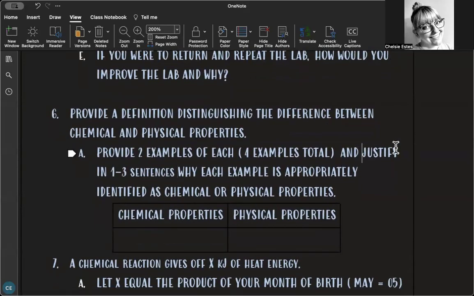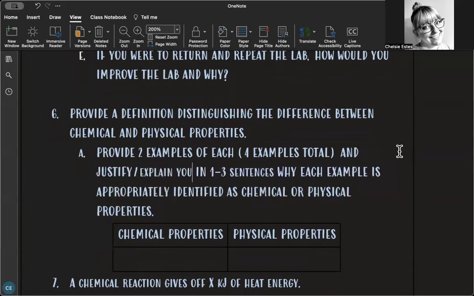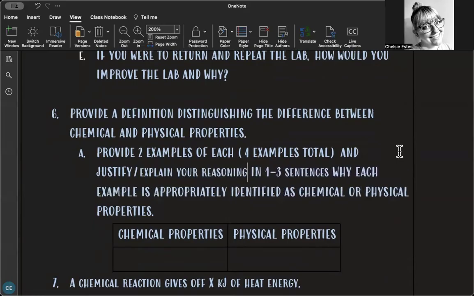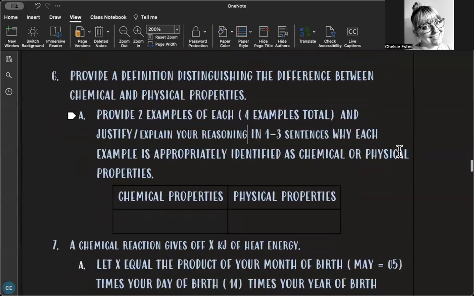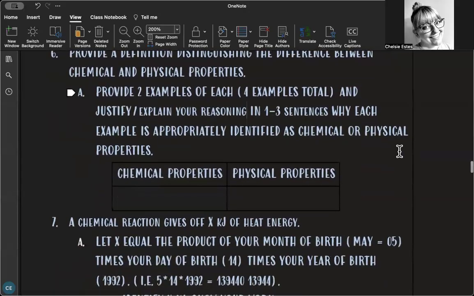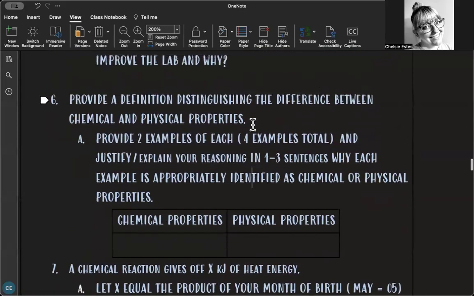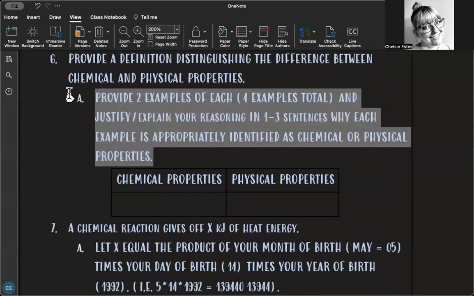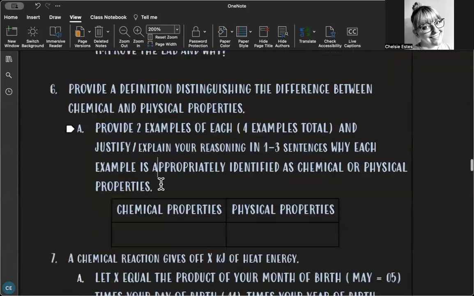So a justification, another way to look at that is you're going to explain your reasoning, the why behind where you place it. If you do research for that, then you would put in-text citations and references here. But if you don't, then you won't. This one you can use your content for.